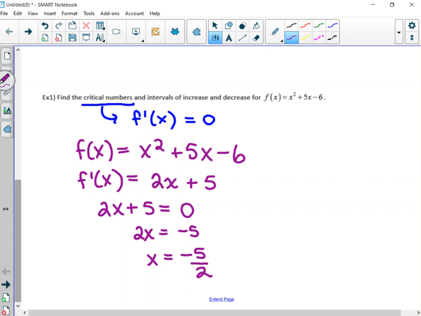Okay. So let's talk about what that means. That means I know some things. I know about this parabola. First of all, I know it's a parabola that looks like that. I know it's a parabola because it's an x squared. How do I know it opens up?